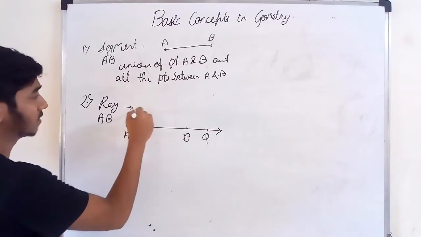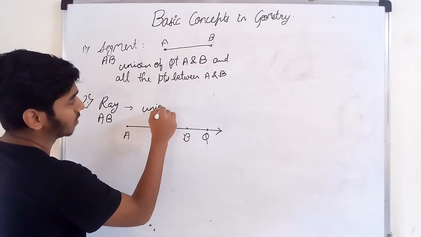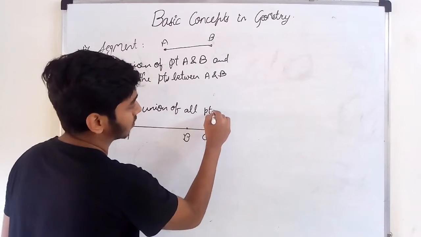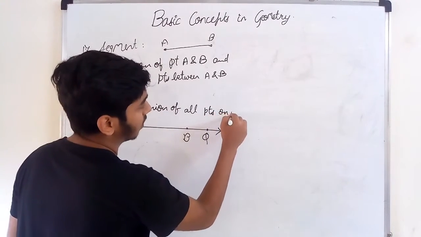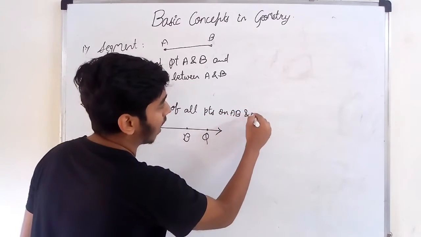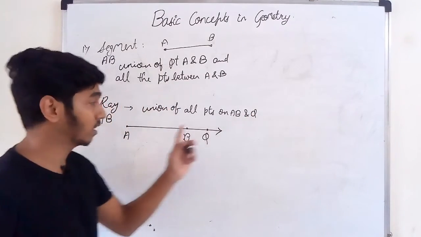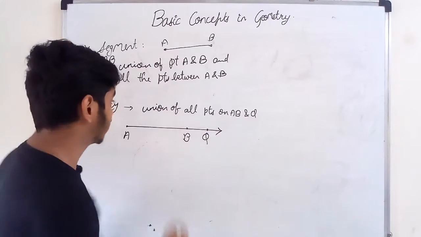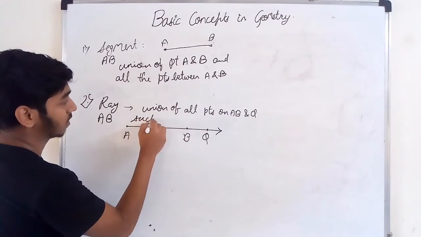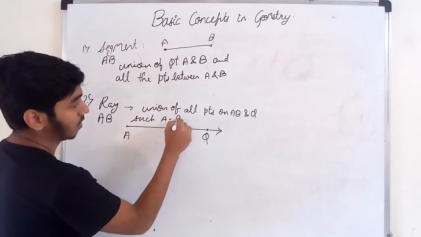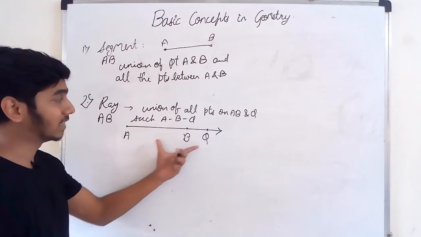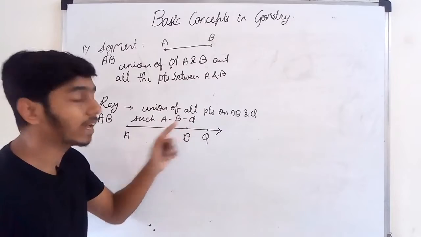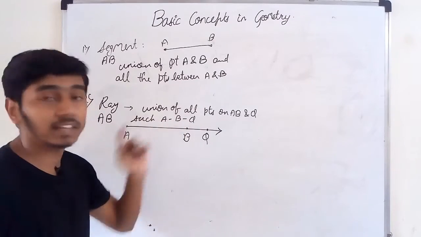The ray AB is the union of all points on AB and Q, such that A, B and Q form a betweenness with B in between A and Q. So we are mentioning that also.